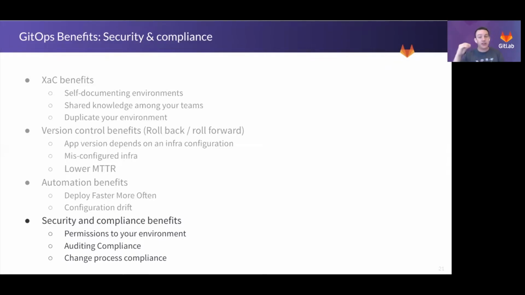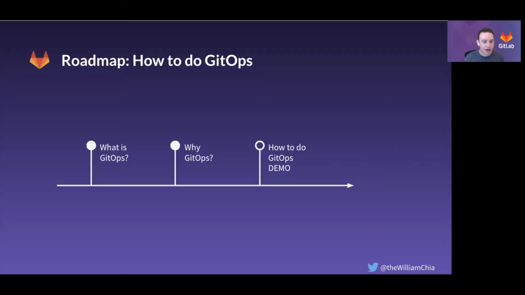But potentially you could have just a few people that have the access to merge that change. And so that's how you can stay compliant and have collaboration. You can use all of the permissioning of Git. You get that for free in effect. You have change process compliance as well, because you have an audit log of all your changes in your Git repo. Really powerful.